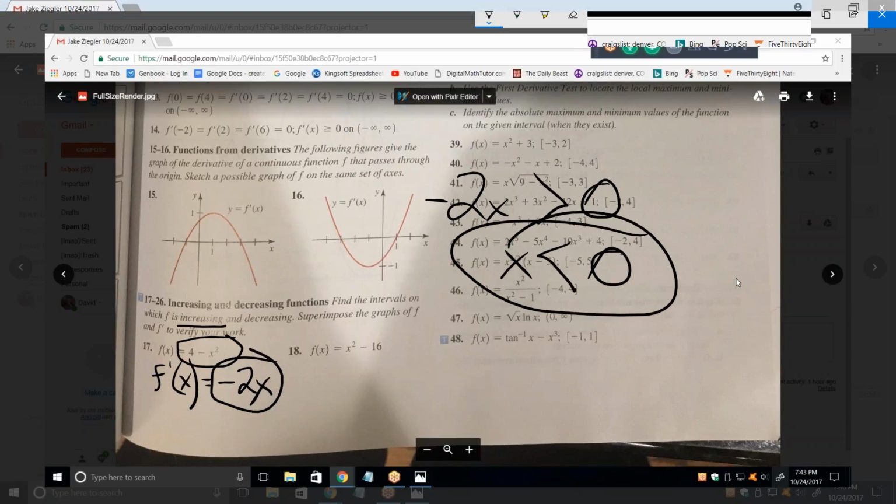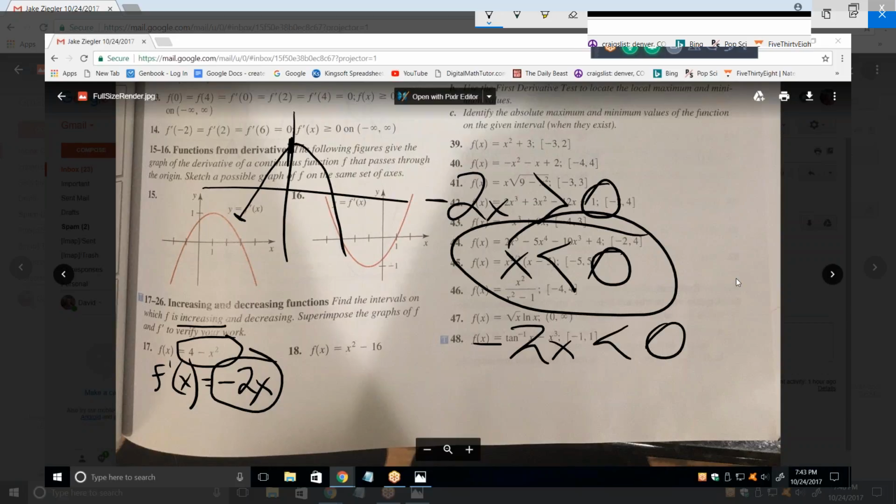And if I were to graph this original function, it looks like this. It's quadratic, opening down. You can see that it's increasing wherever x is negative. When is it decreasing? Whenever minus 2x is less than 0.